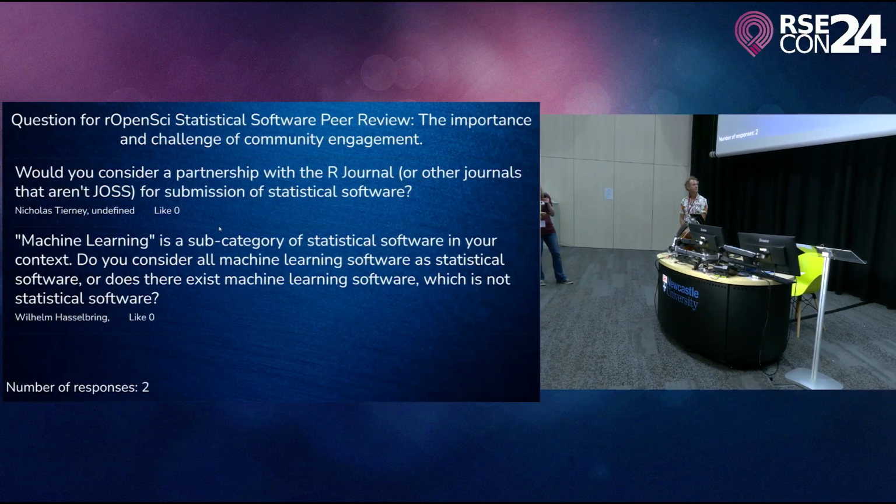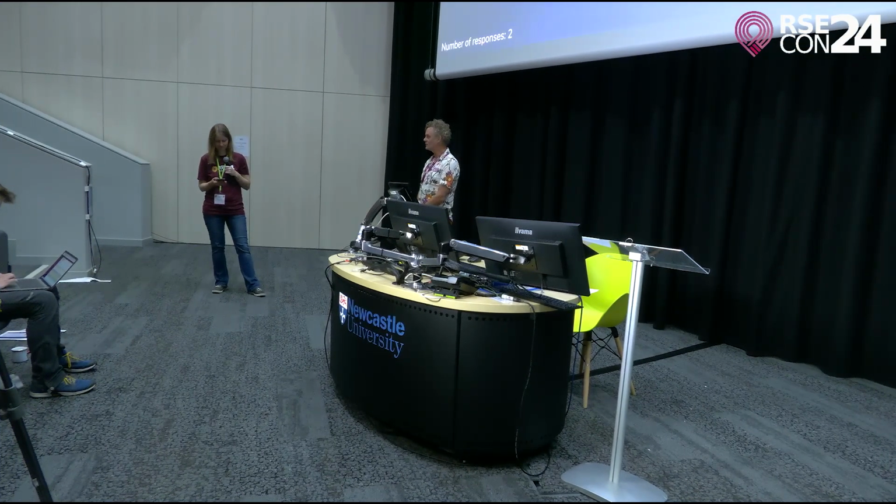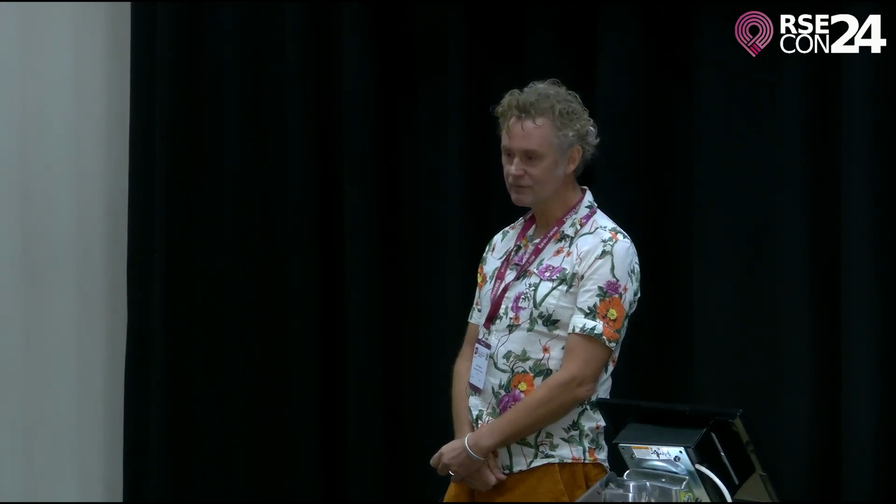Okay, thank you. Another one has come in. Would you consider a partnership with the R journal or other journals that aren't JOS for submission of statistical software? Yes, that's also a really good question. We do have a semi-official partnership with the Journal of Statistical Software, where initial review, once again, we encourage initial review at rOpenSci, and that will then be considered a pre-review for Journal of Statistical Software.